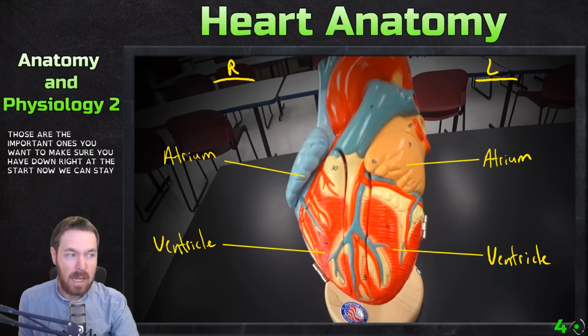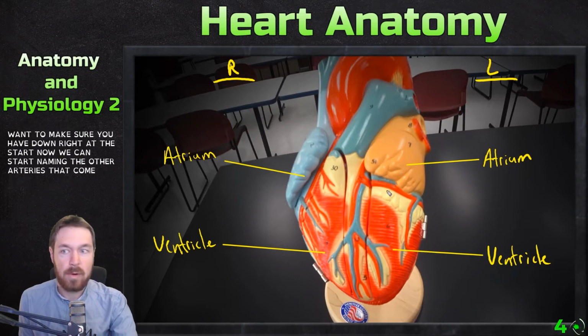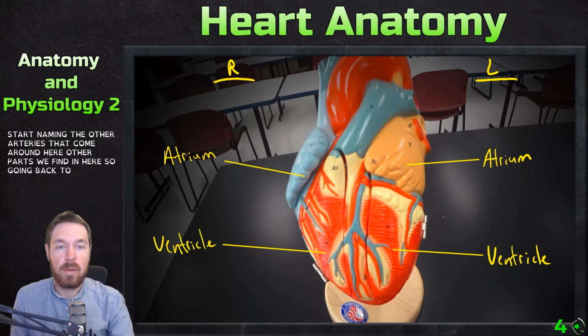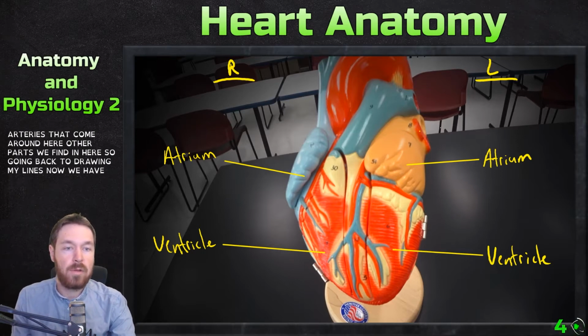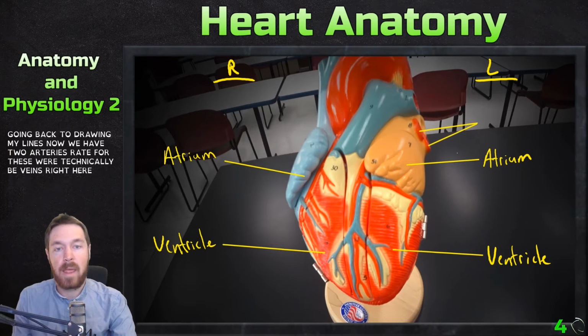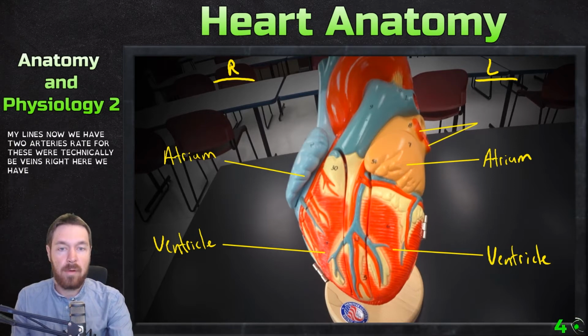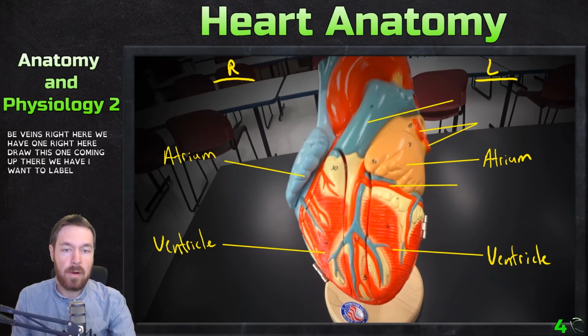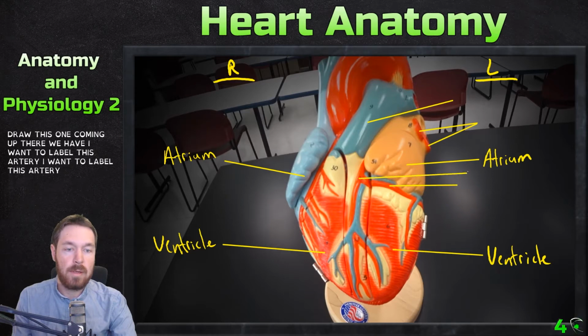Now we can start naming the other arteries that come around here, other parts we find in here. So going back to drawing my lines now, we have two arteries, well, these would technically be veins right here. We have one right here. We'll draw this one coming up to there. I want to label this artery.